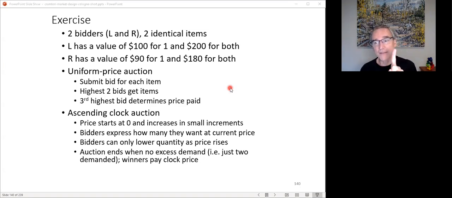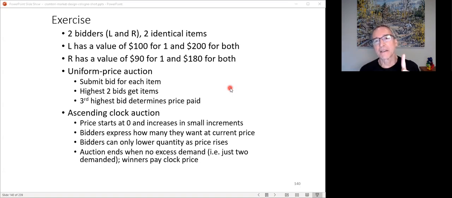Because if at a price of 0, you're bidding for 1 item, then Isabel knows, well, I can push that price up to 90 and win both items for a total profit. I said a profit of 40, but I meant a profit of 20, because it's 180 and the value is 200. So it's a profit of 20.